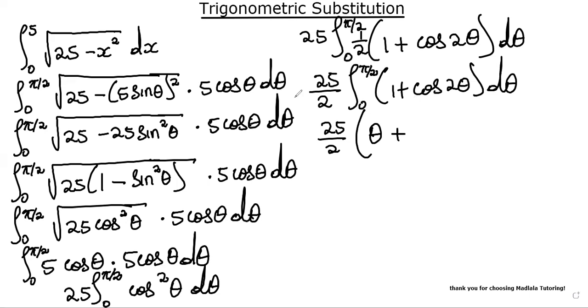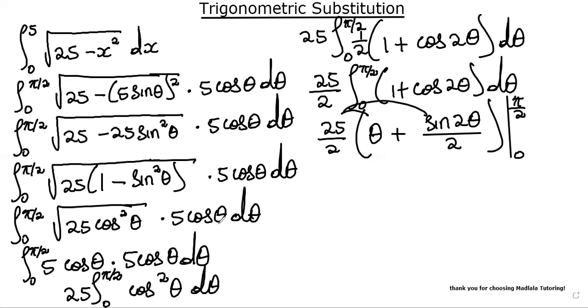So we ask, what is the antiderivative of the outside? Well, the antiderivative of cosine is sine. But the chain rule says we keep the inside function as it is, and then we divide by the derivative of the inside function. And this is evaluated from 0 to pi over 2 radians.